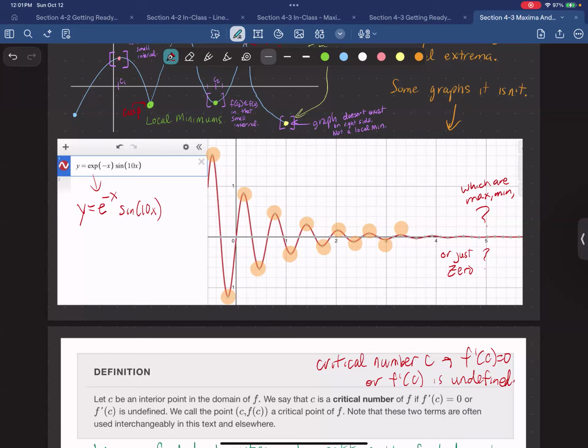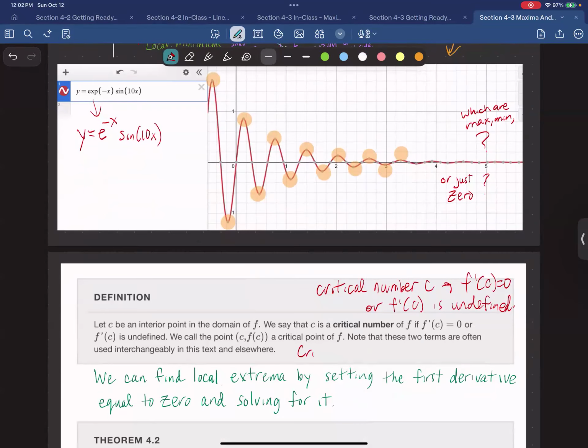And that says that we've got that there and there. But we call the actual point, where we have a coordinate system, the critical point. It is the whole xy, which is c comma f of c.